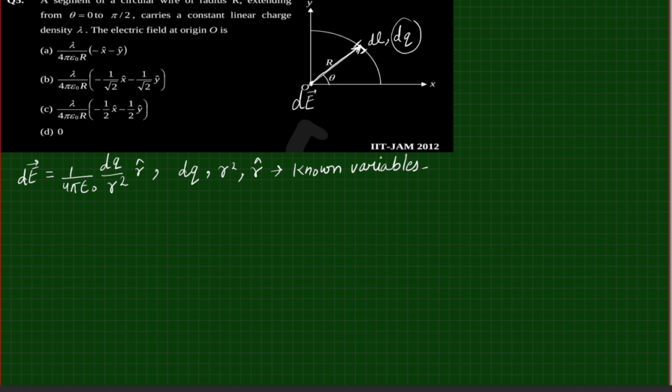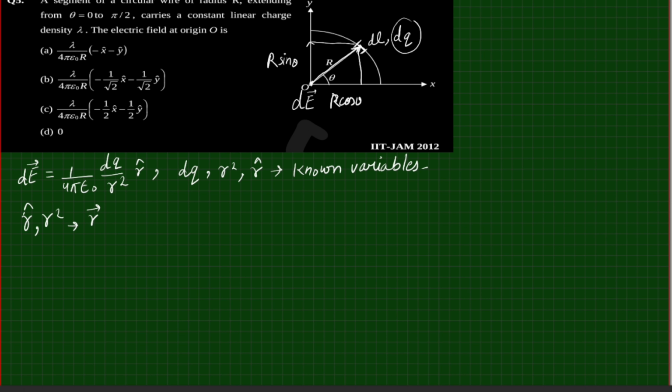So first of all, let us write r cap. For r cap and r square we need r vector, and how can we write r vector? We can just split it as r cos theta, and in the vertical component r sin theta.